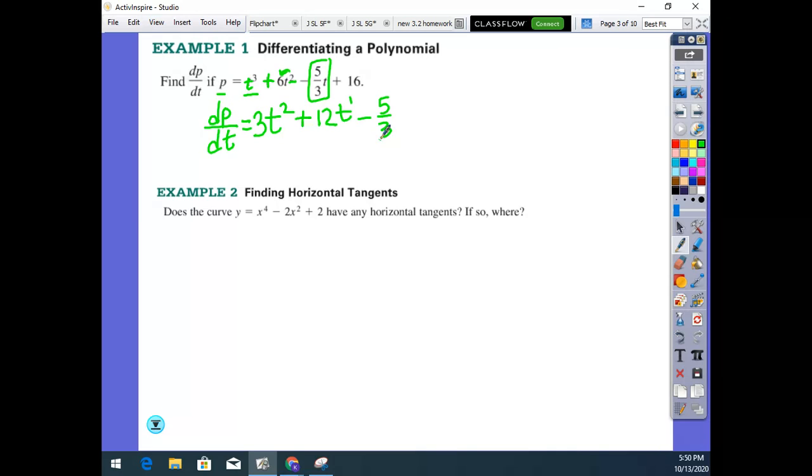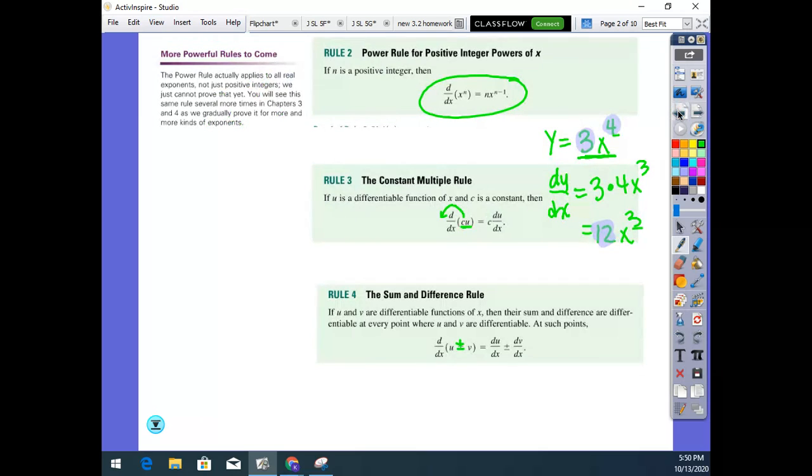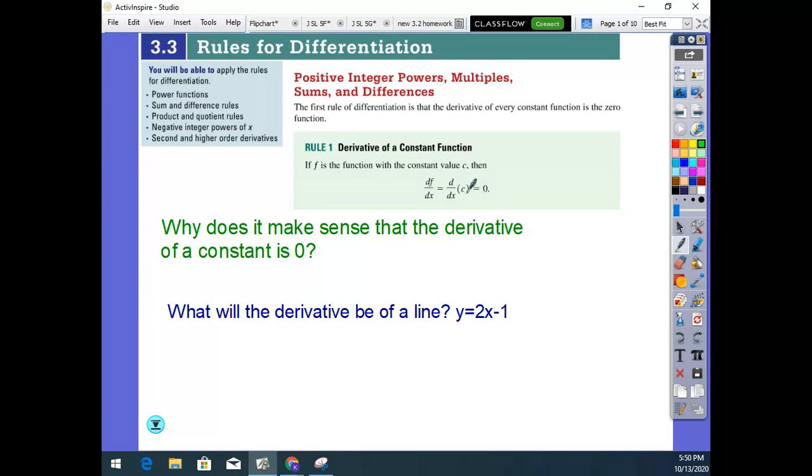So notice, everything's always 1 degree lower than the original function. T to the third turns to t squared. T squared turns to t to the first. T to the first just turns to a constant, and the constant goes away because the derivative of a constant is 0.